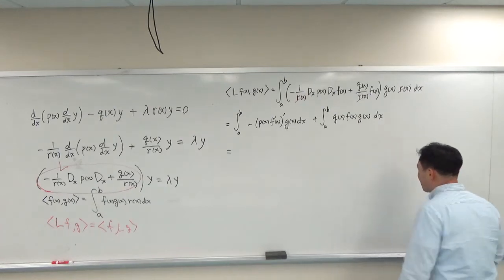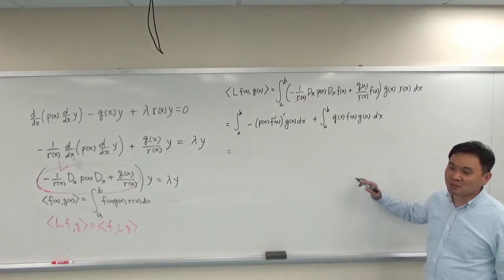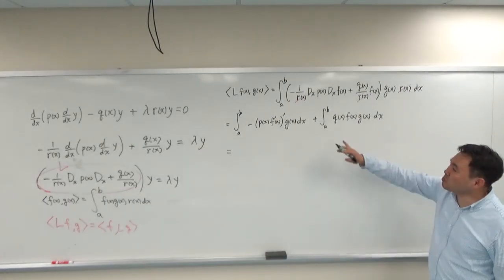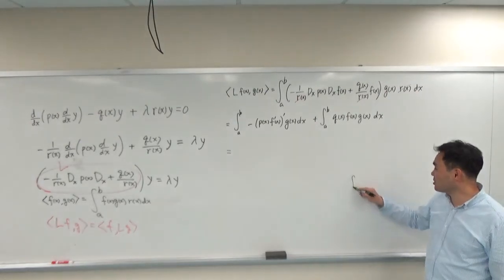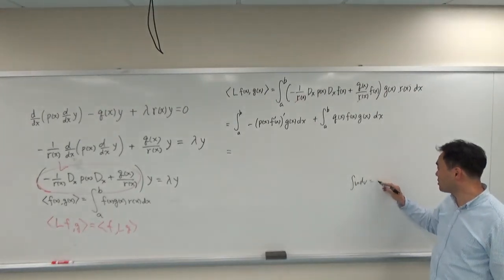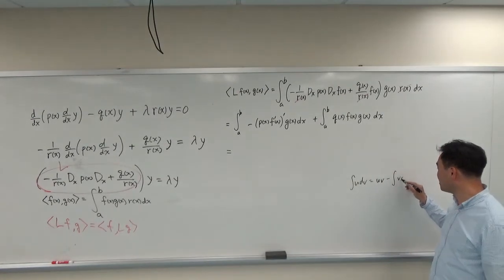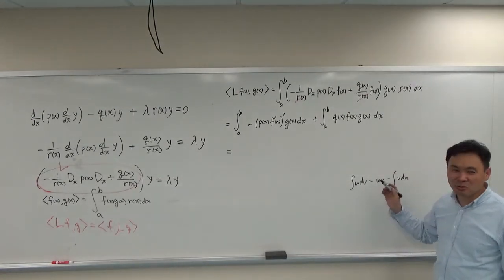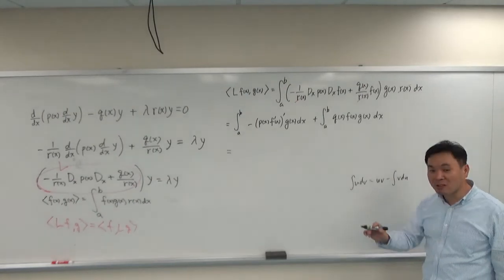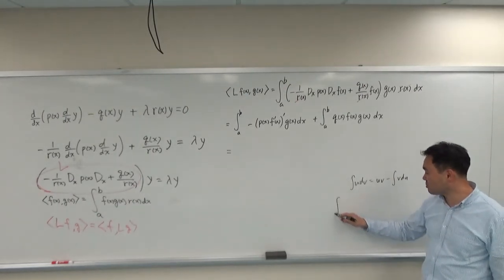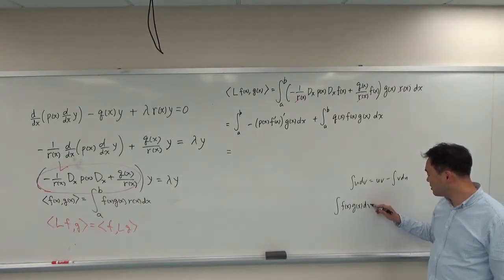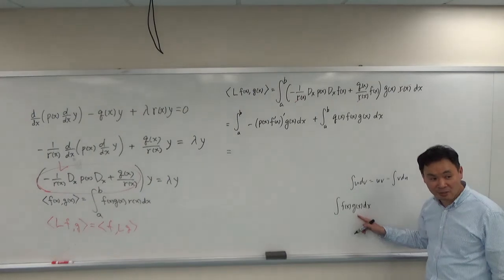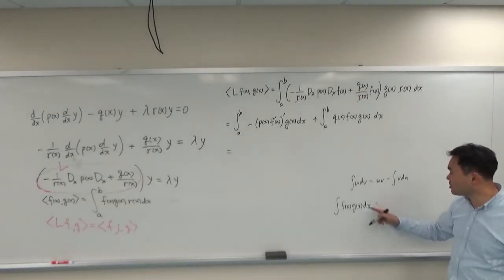I know you guys like the tabular method, but it doesn't work really well in these settings. I know you like u dv equals uv minus v du, but even this, I don't like. The one that I really like is this form, and I don't know why people don't write it like this. If you have two functions multiplied, this is saying that you integrate one of them.